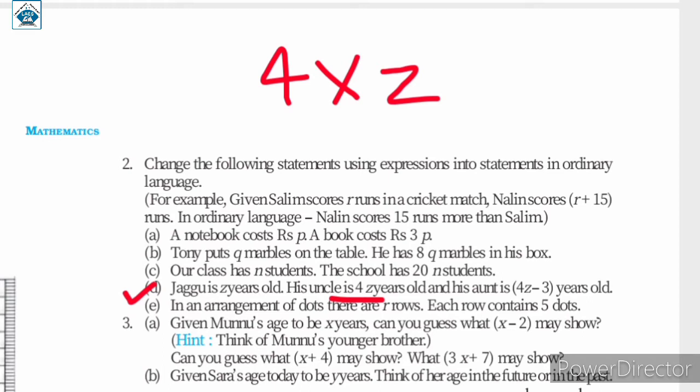What is the reason for this? क्योंकि यहाँ पर 4Z जो है वो अंकल की एज है, minus 3 करेंगे that means it is less, that is, she is younger. So his aunt is 3 years younger than his uncle. This is what we will say in ordinary language.